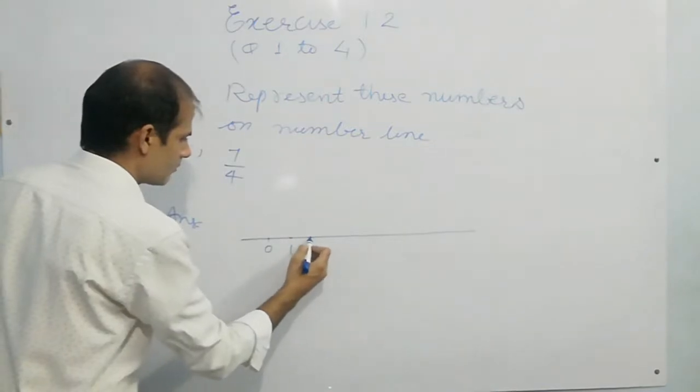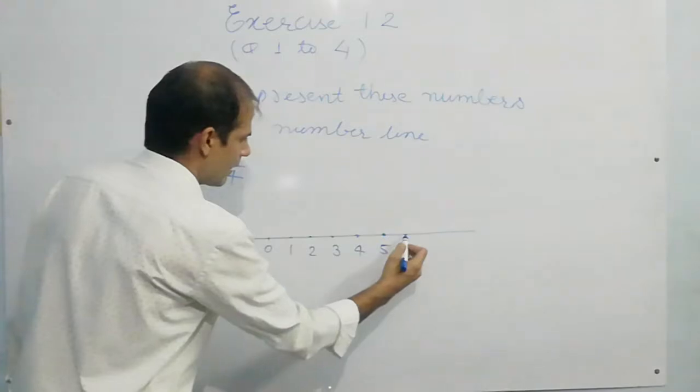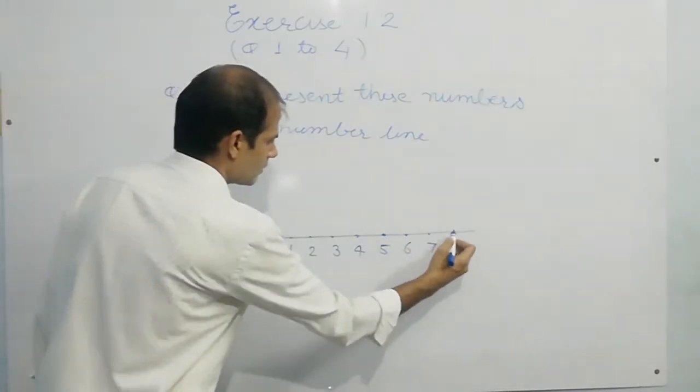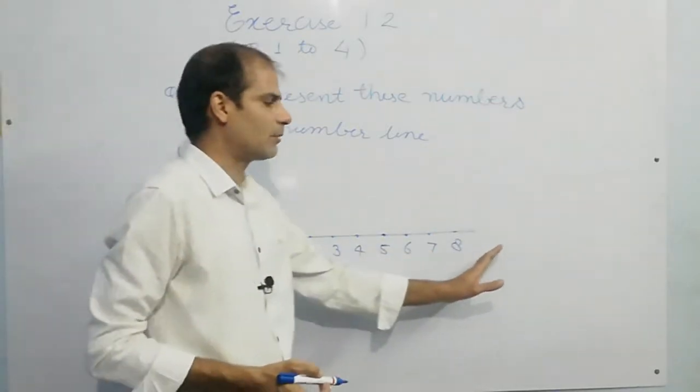It is 1, 2, 3, 4, 5, 6, 7, 8. Doesn't matter. You can write up to 8 or 9.